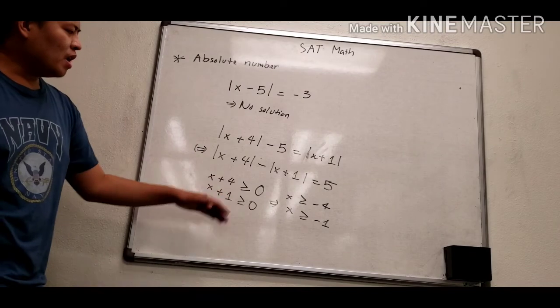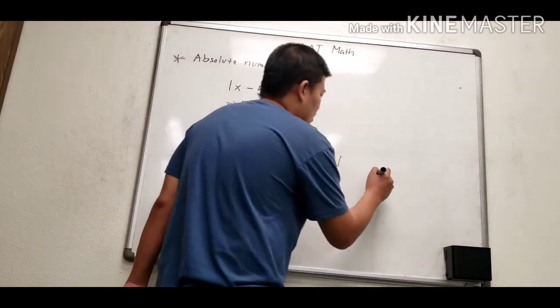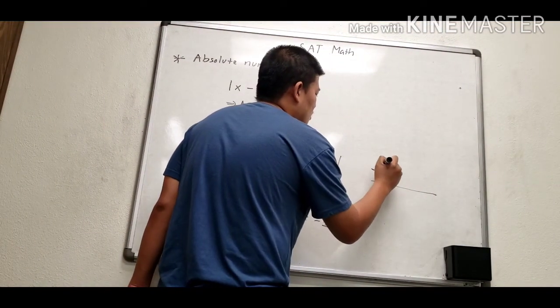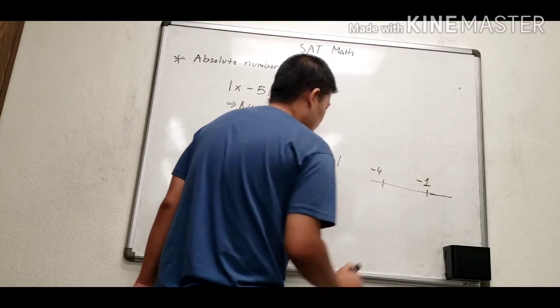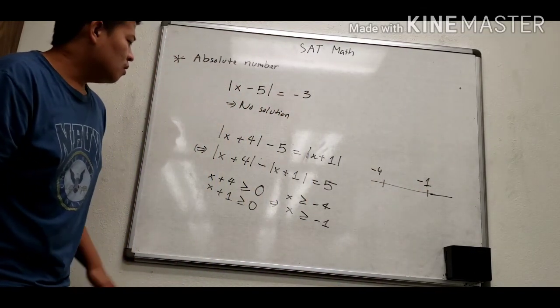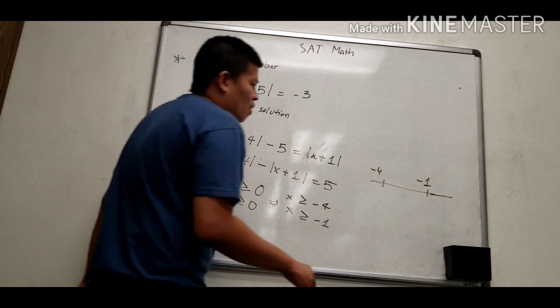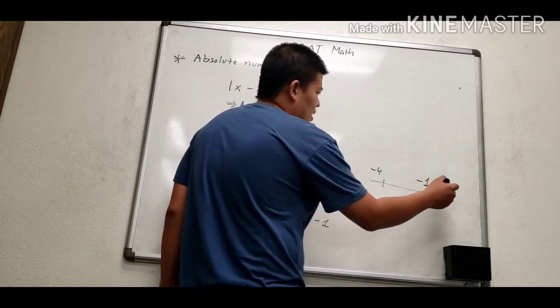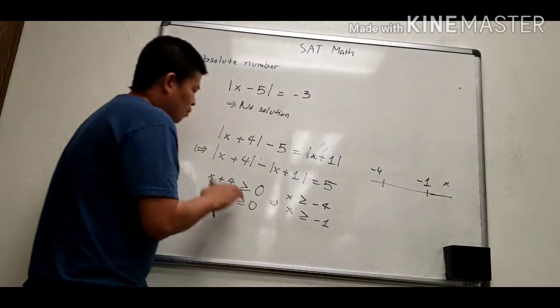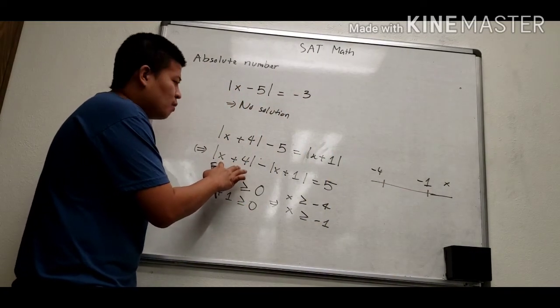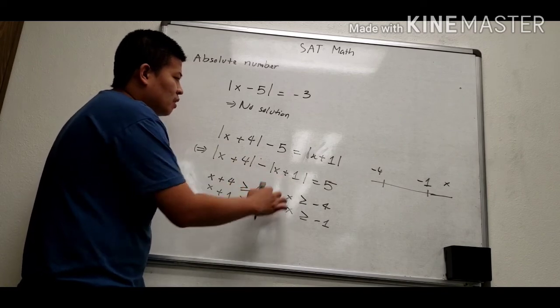So in here we will have a line like this. If the result is more than the positive number, they will become s plus 4 and s plus 1.